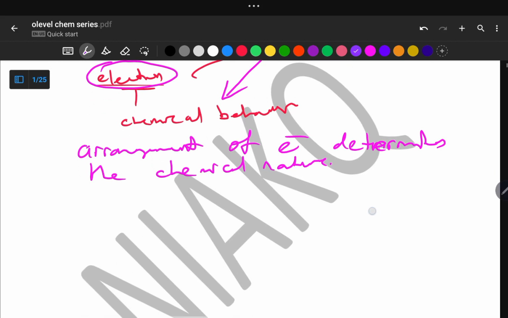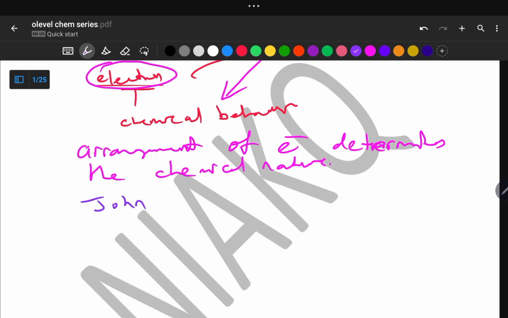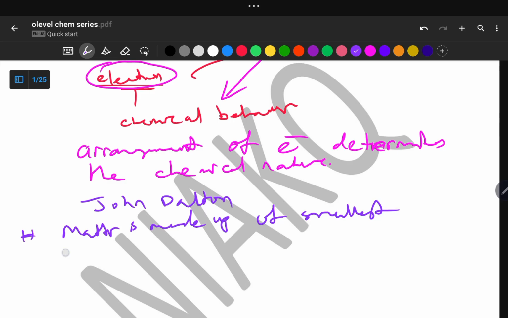So we are going to mention the John Dalton postulations again. The first one: matter is made up of smallest particles called atoms, right?